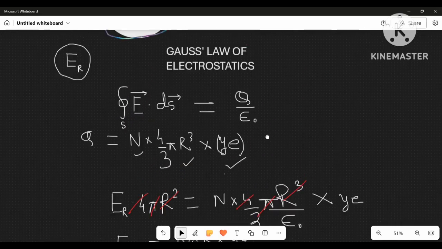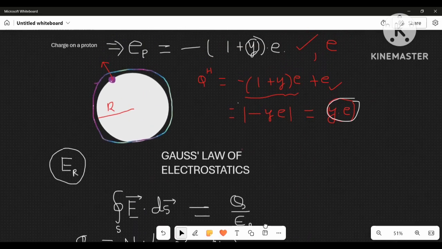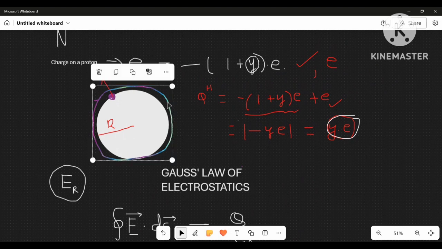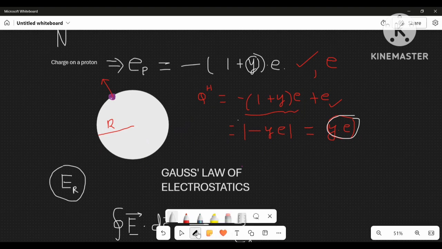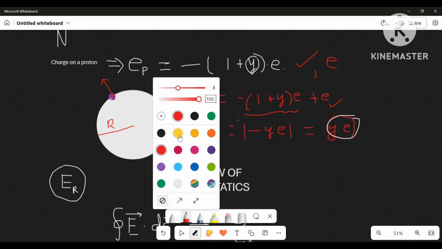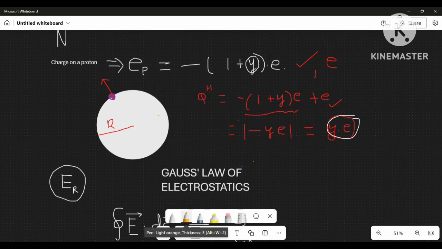Now we go back to that sphere. Let me remove this Gaussian surface. This is the universe. It is having hydrogen atoms as the only constituents.